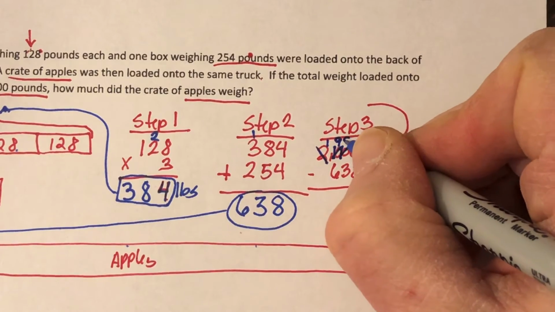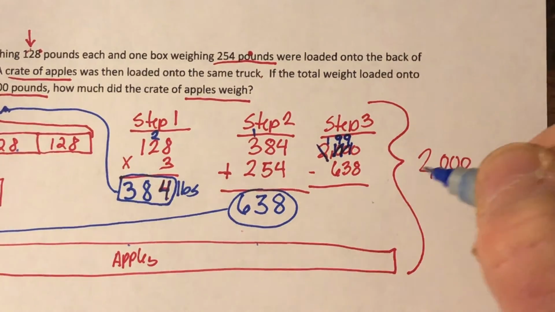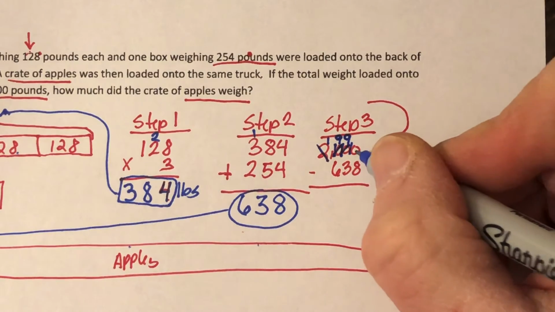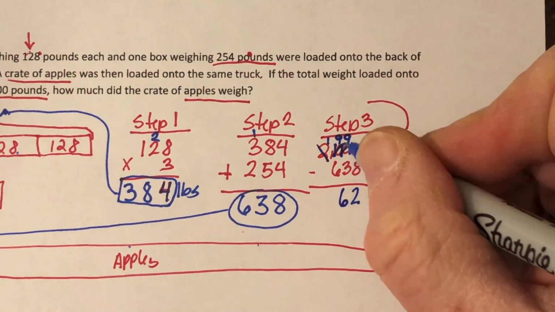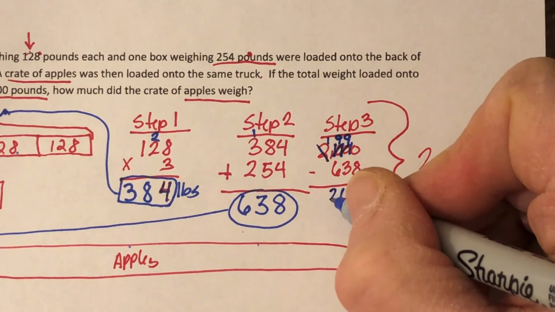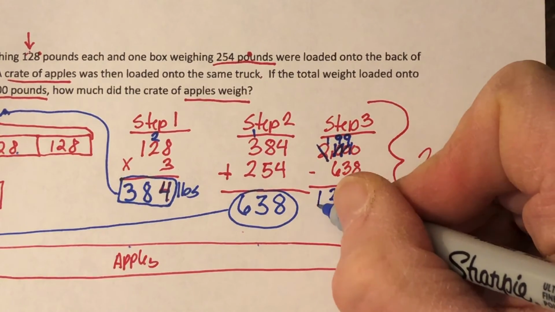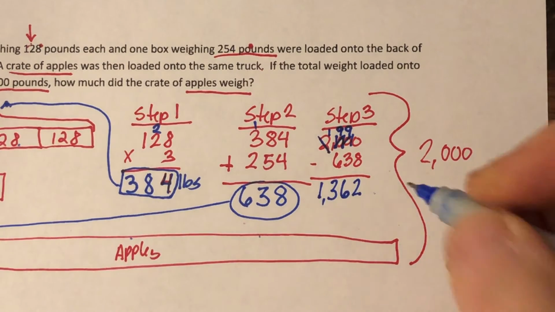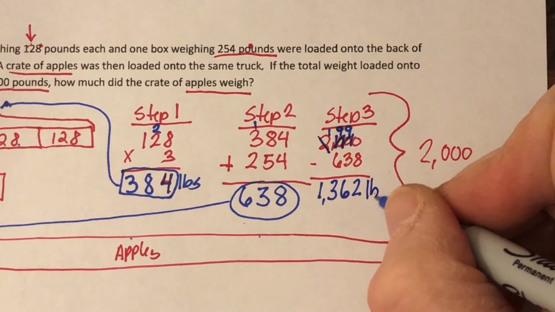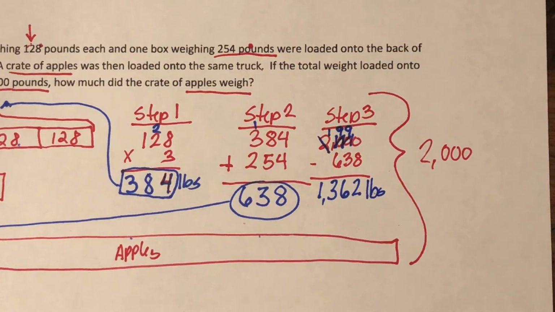Cross it out, make it 9. And then finally the ones, I got 10. So 10 minus 8 is 2. 9 minus 3 is 6. 9 minus 6 is 3. And then 1 minus nothing is 1. So it looks like my apples come to 1,362 pounds.